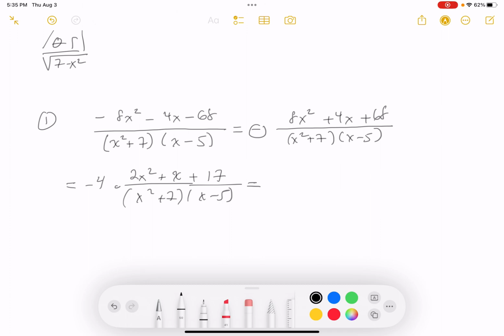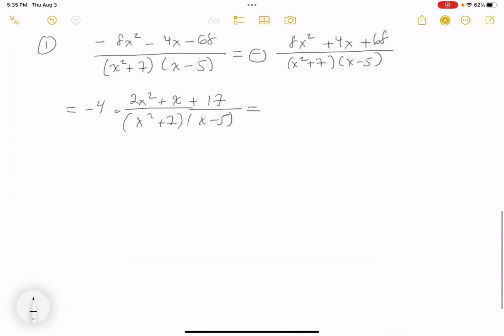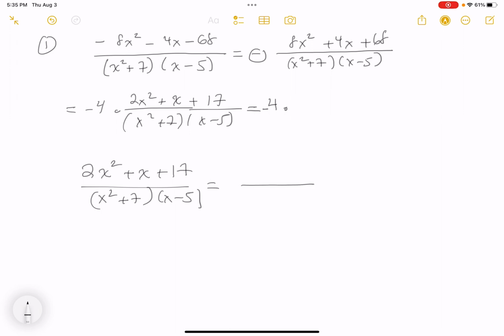Right, I'll come back to this later, but right now I want to do the partial fraction decomposition on this guy over here. And then after we're done with that, I'll come back over here and finish it off. What do you do over here? Well, the irreducible quadratic is x squared plus 7, plus you get the linear factor x minus 5.